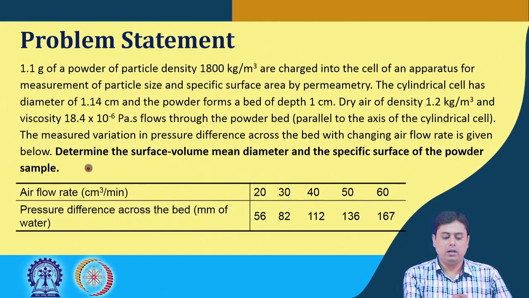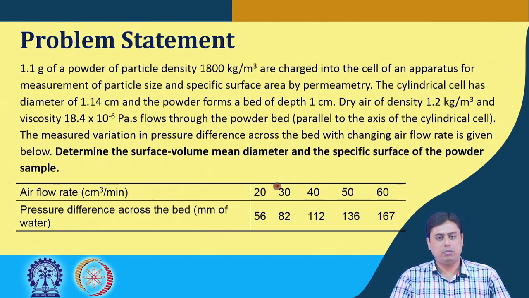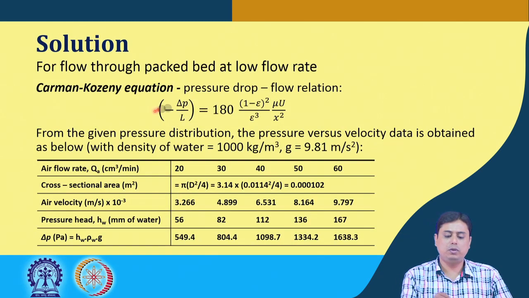Now, here the question was what is the diameter of the particle when all the other information was given. So, from the flow rate we find out what is the superficial velocity. We plotted the del p versus superficial velocity to find out the slope of this graph.